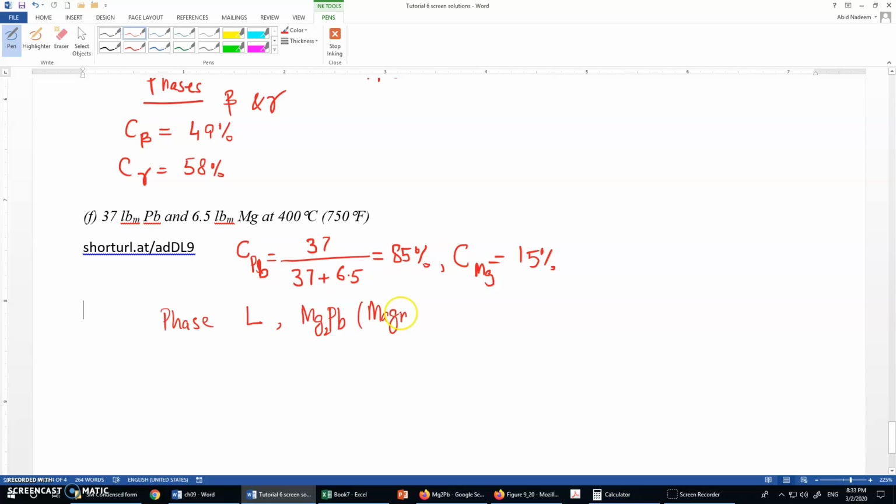Magnesium plumbide is a chemical compound. So the composition of liquid and the composition of Mg2Pb can be read from the phase diagram.